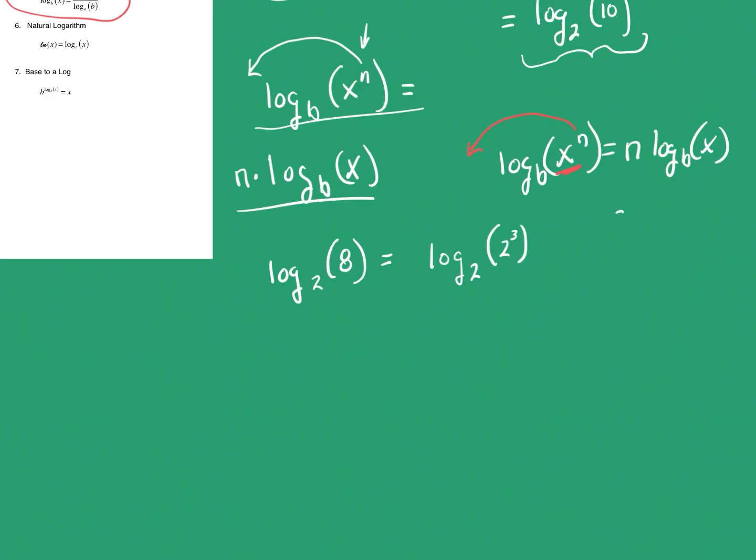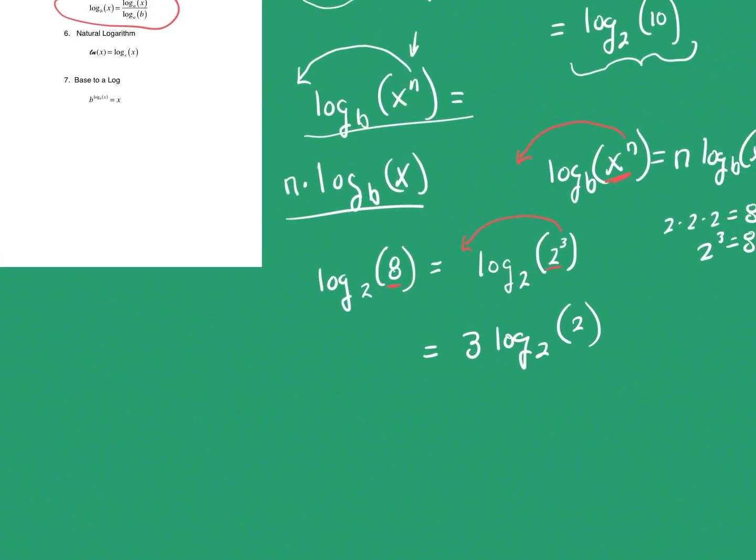Because 2 times 2 times 2 equals 8. So all I did was change this 8 to 2 to the 3. But now with this property, I know I can move this 3 out front. So that would equal 3 times log 2 of 2. Okay, so this makes things really nice and easy.